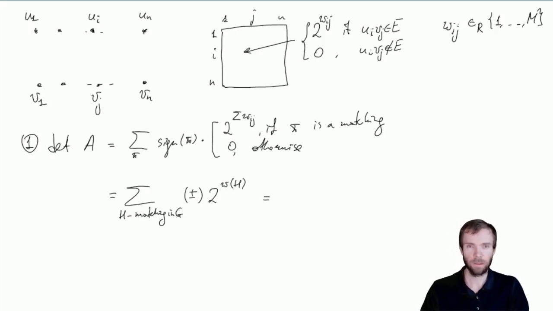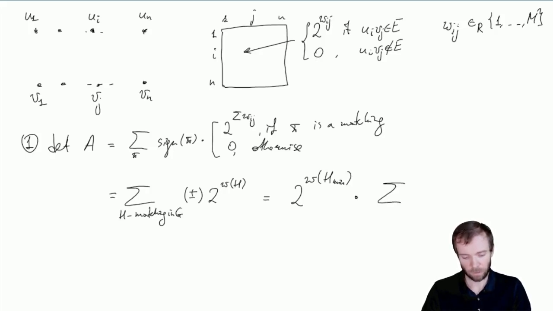And now let H min be the matching with the minimal weight. And let's take out of this sum the power of 2 which is minimal, so W of H min. And in this sum, we'll now have summation of plus or minus 2 to the power W of H minus W of H min over all matchings H.